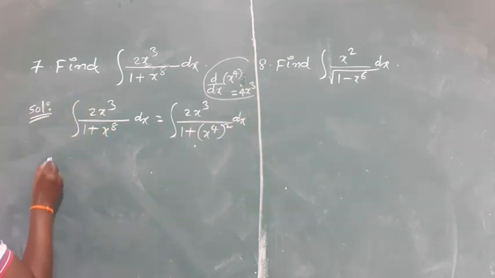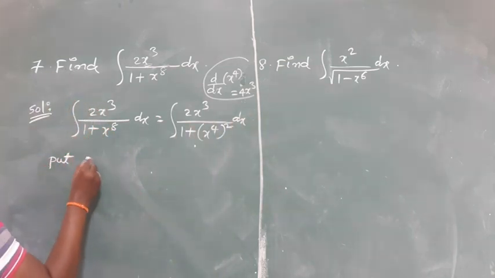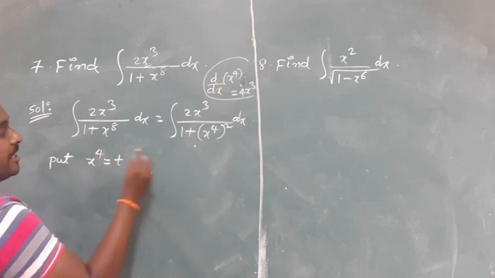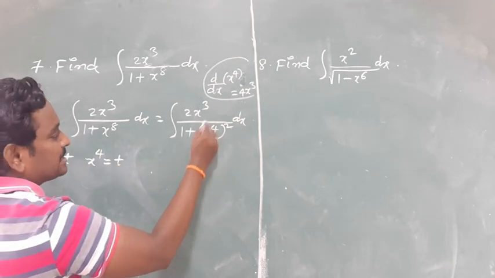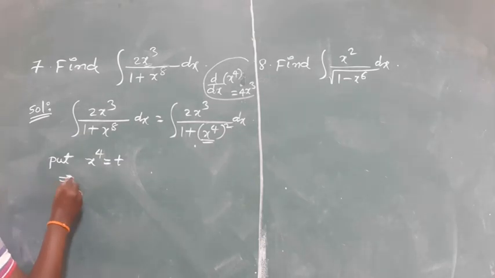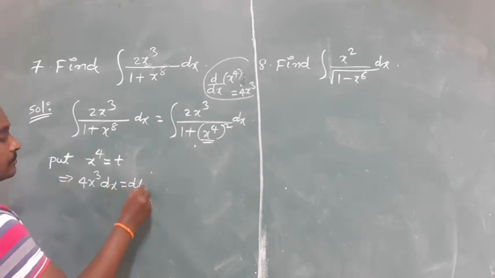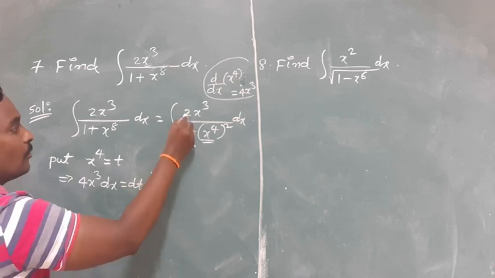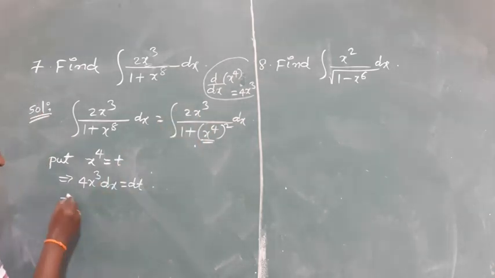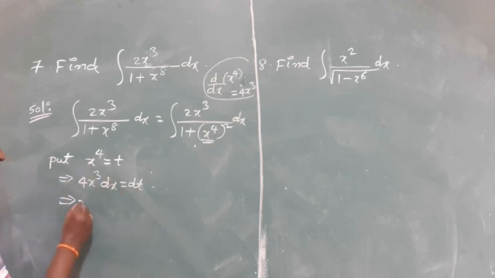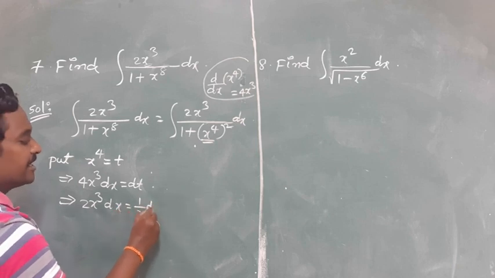So put x power 4 is equal to t. Just take only the base, x power 4 is equal to t. So you will get 4x cube dx is equal to dt. But in the numerator we have only 2x cube dx. That's why 4 can be written as 2 into 2 and take this 2 to the right hand side denominator. So 2x cube dx is equal to 1 by 2 dt.